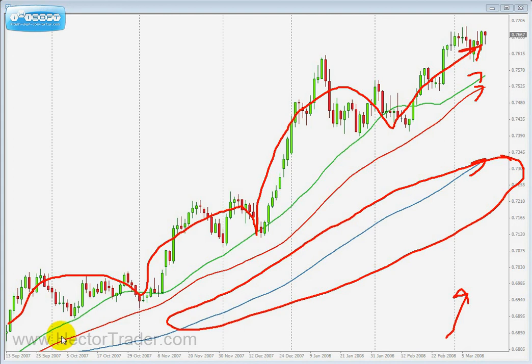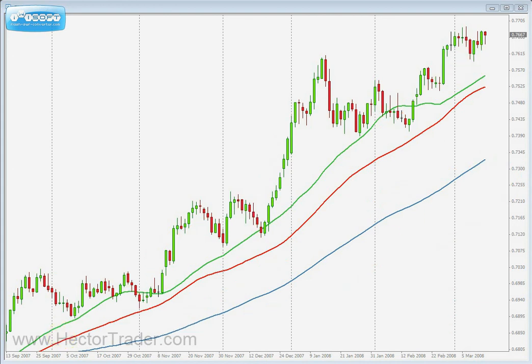So you see, this is the area between the 30 and the 50. You can see it's holding indeed, working as a dynamic area of support, okay.